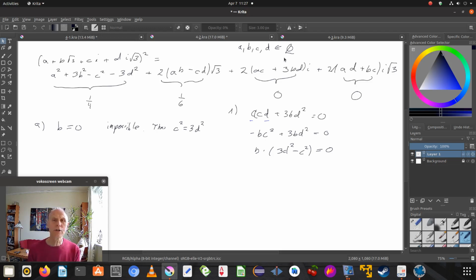Oh, it just occurs to me that this might be too complicated a way to do it. So let's instead have A plus B square root 3, where A and B are fractional Gaussian integers. That may be much easier.